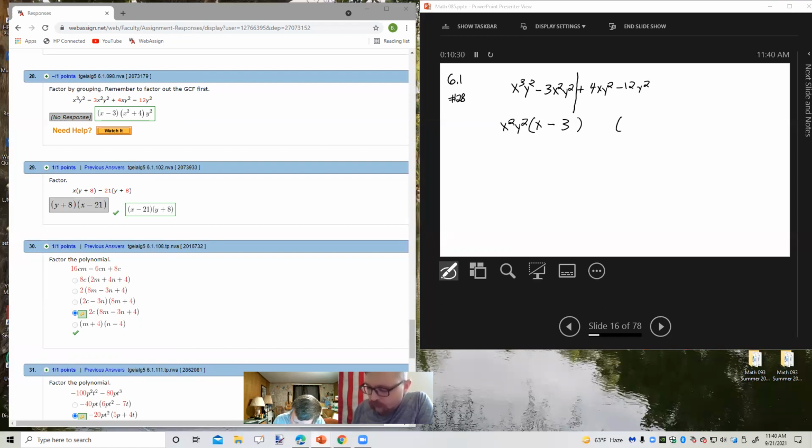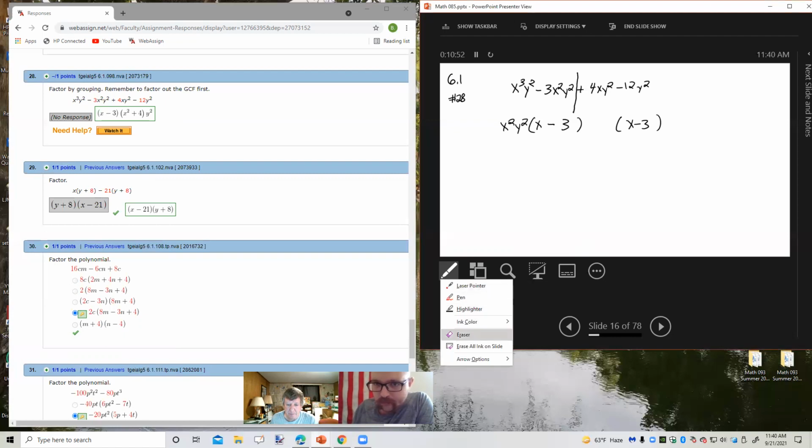So that means over here, I need an x minus 3. Remember, don't look up, look over and clone it. So what would be outside? Oh, you know what I overlooked? There's a greatest common factor for all 4 terms. Yeah, y squared. So I'm going to go back and we'll get rid of this.